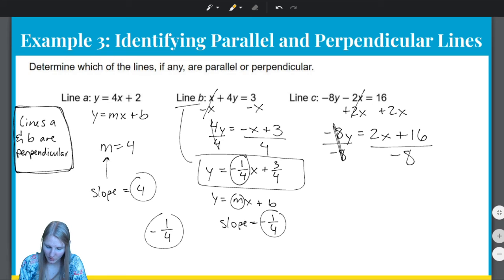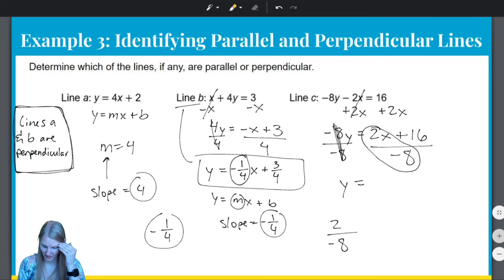And that goes away on the left. I get y equals, what is 2 divided by negative 8? Let's see. 2 divided by negative 8 is negative, and I can divide by 2 on the top and bottom because they're both even. 2 divided by 2 is 1, and 8 divided by 2 is 4.